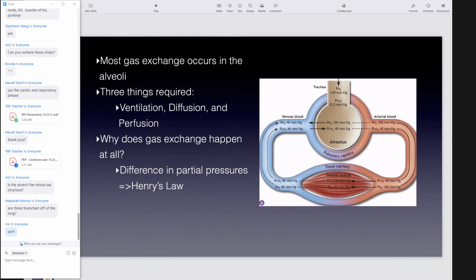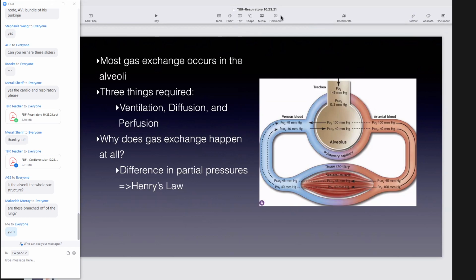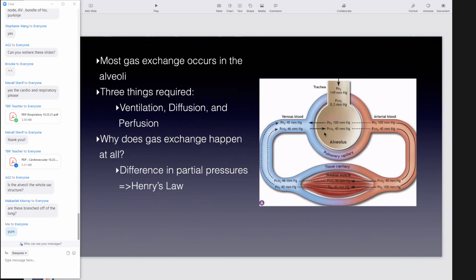When we get to the alveoli, we do have some stale air, some air that maybe didn't get breathed out on the last breath. The concentrations of the air in the alveoli, we have a lot of oxygen and not a lot of CO2 compared to each other.